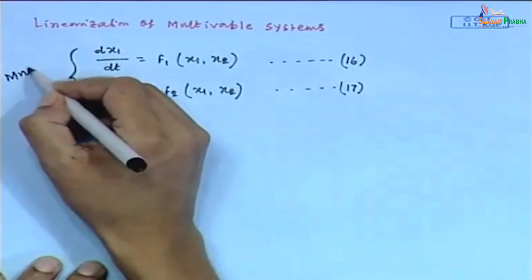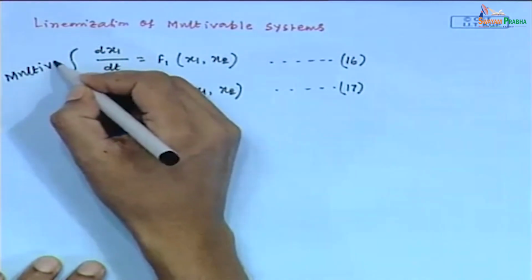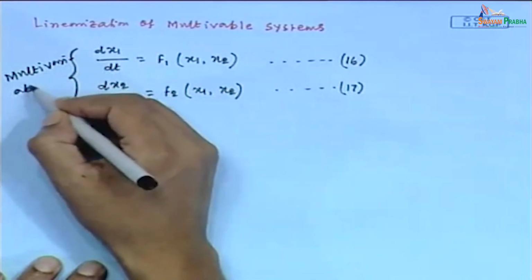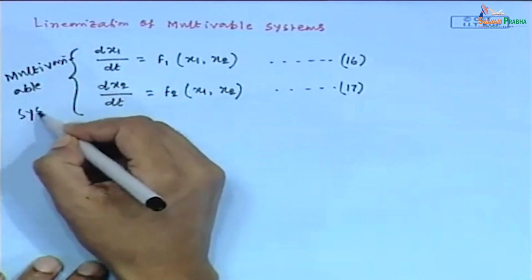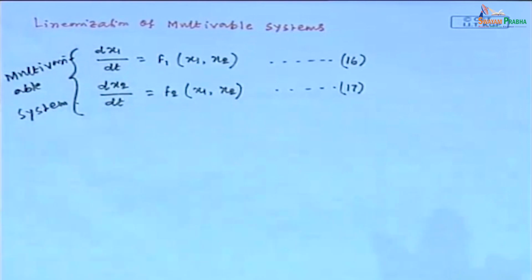By multivariable system we mean a system having two state variables. What are these variables? One is x1, another one is x2.